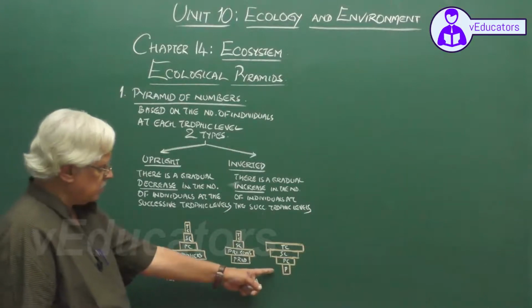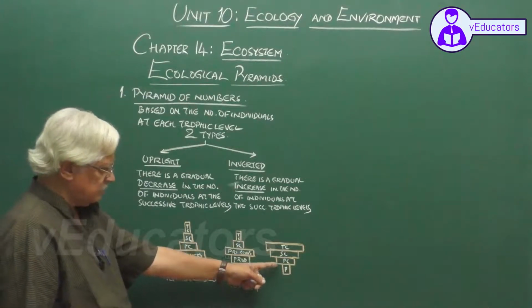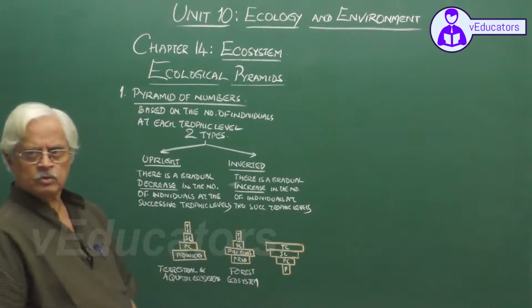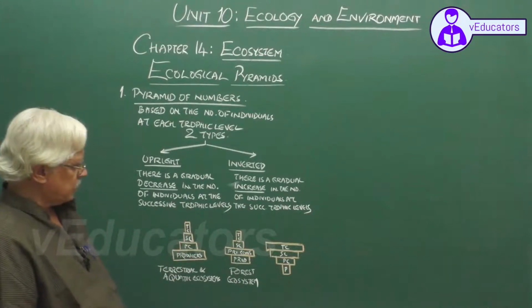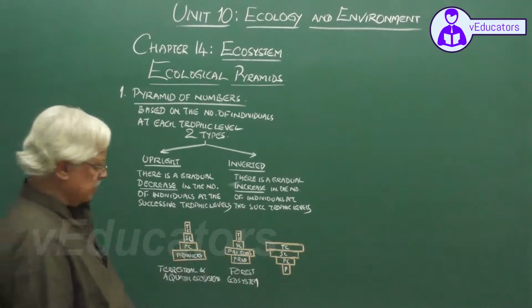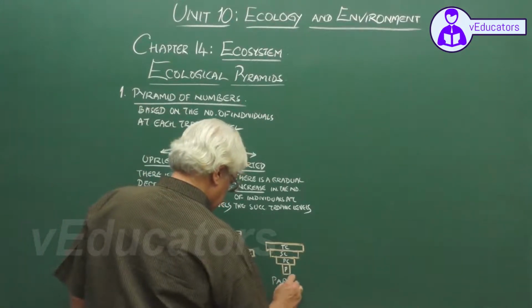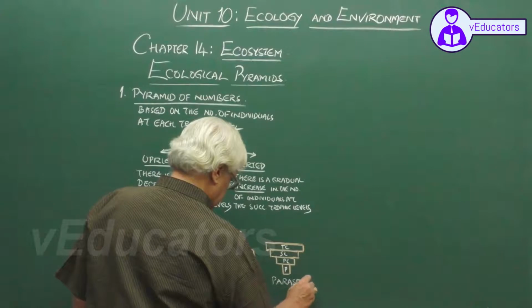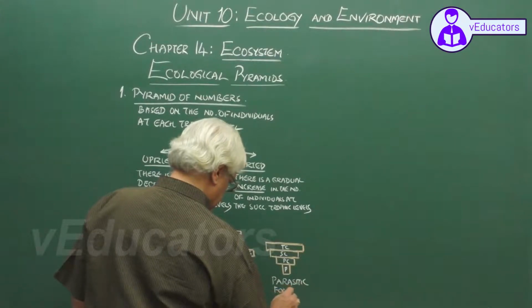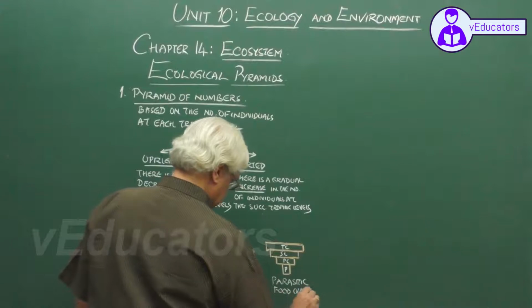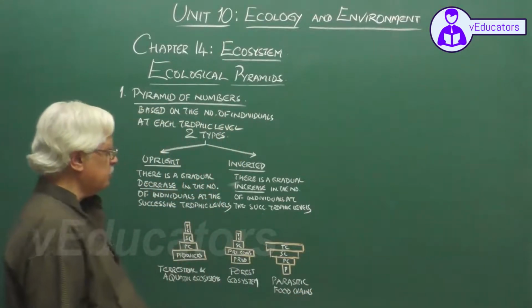So the number keeps increasing at the successive trophic levels. This is exclusive to the parasitic food chains.